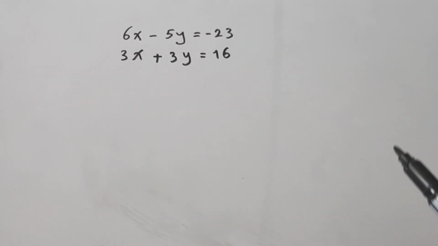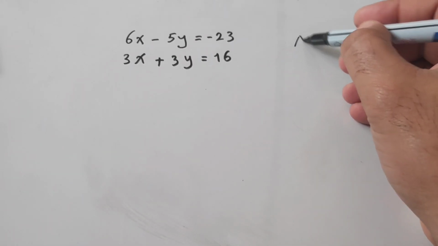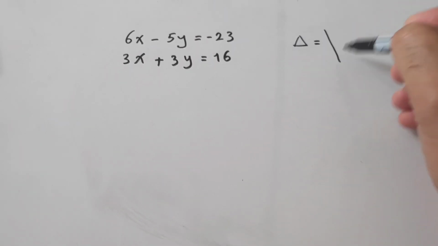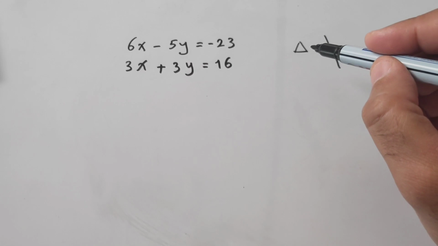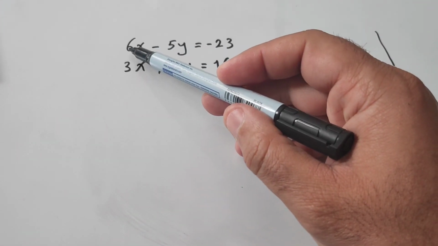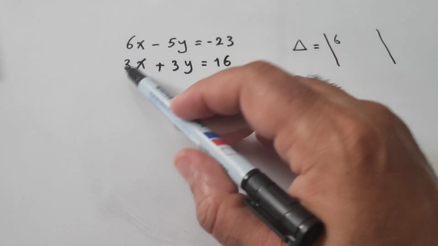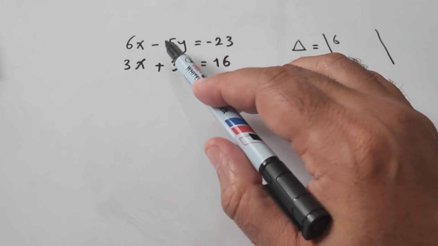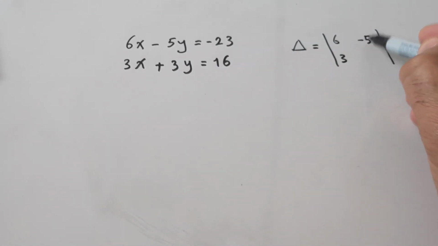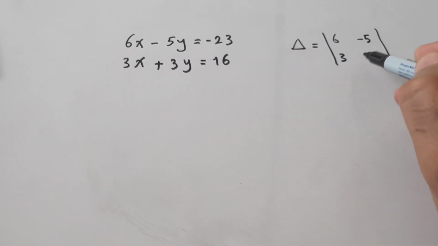Okay. The first step, we find delta. Delta is the determinant of the coefficients. Coefficient of x here 6, here 3, here negative 5, here 3.